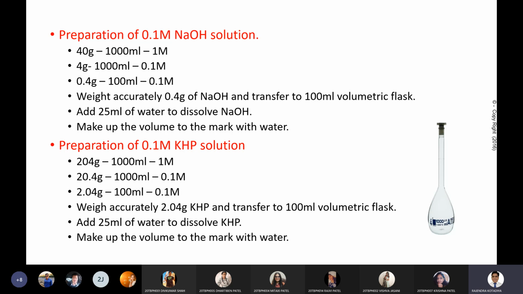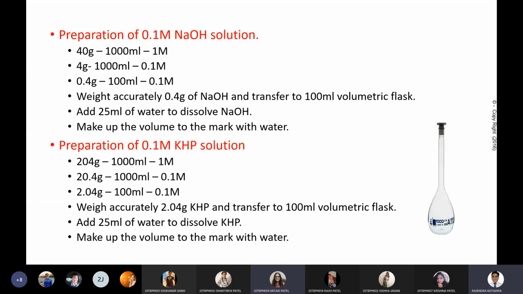Now, as per the definition of the standard solution, whom we call a standard solution, કોને કહેવાય? Whose concentration is known. Okay, standard solution is those solution whose concentration is known to us, right?